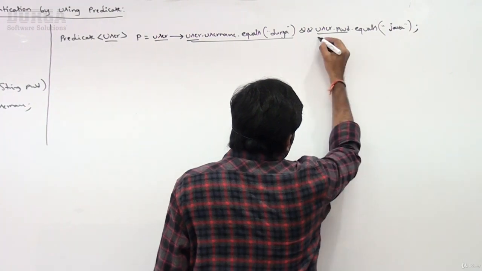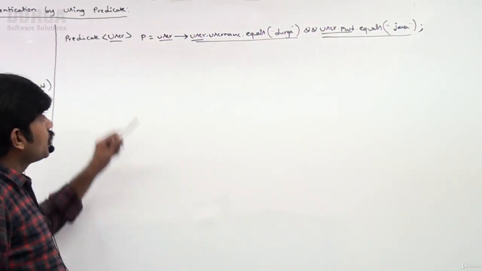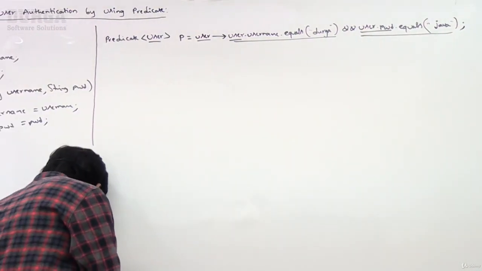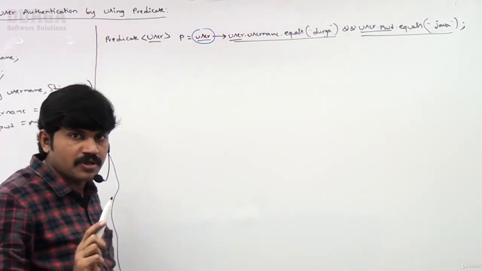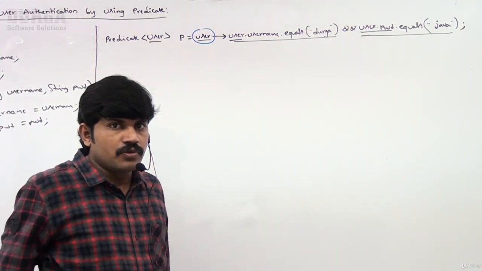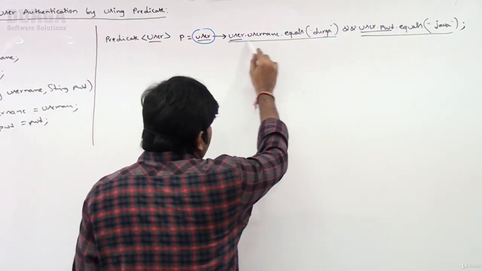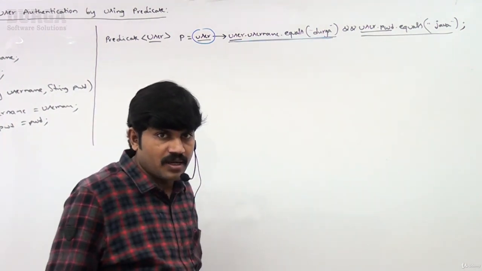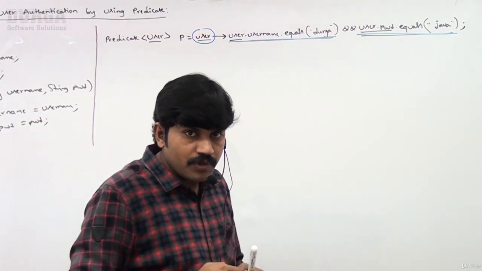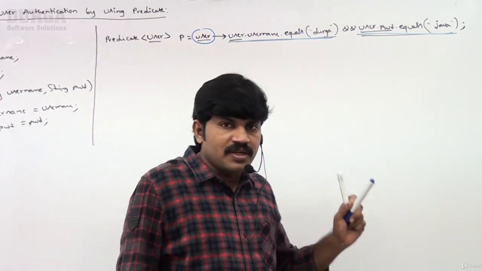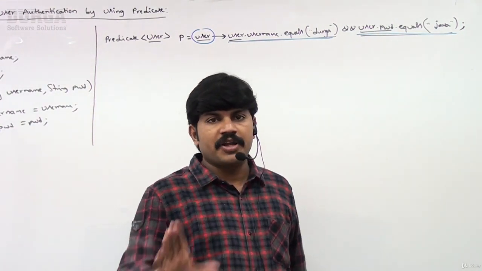Have you observed, right? I'm providing a user object as the argument type. What this predicate is going to do is check whether the username is Durga or not, and the password is Java or not. If username is Durga and password is Java, then this predicate returns true.